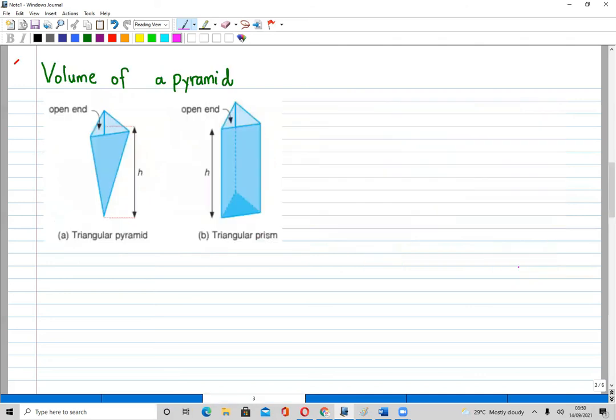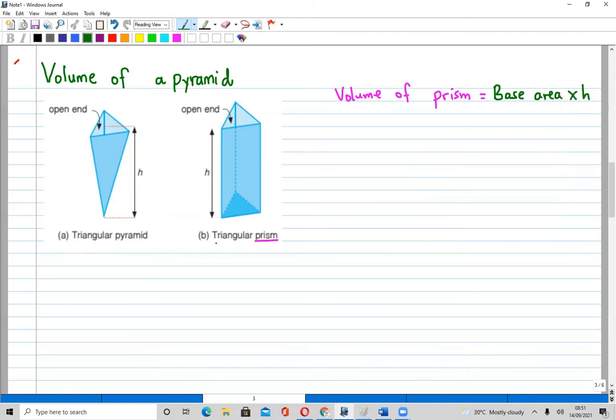Okay, now for our lesson of today, the main focus will be put on the volume of a pyramid. Now, we already looked at the volume of a prism. We know that volume of a prism is base area times height.